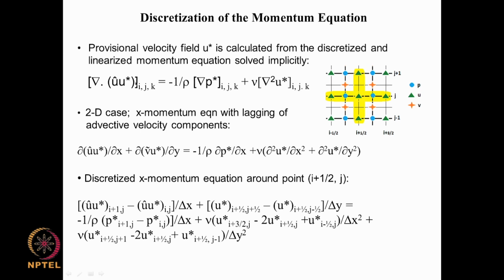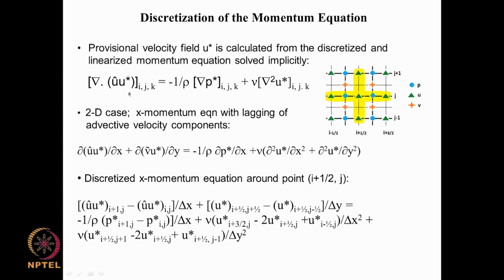It is a provisional velocity. It is provisional because we can solve this only if pressure is known. So we assume some guessed pressure p star, and you substitute in this, and by discretizing and solving it, you can get u star at ijk.